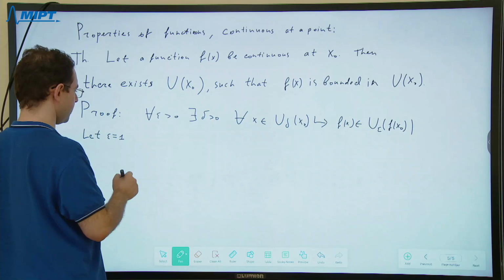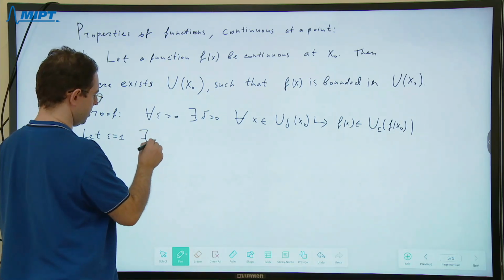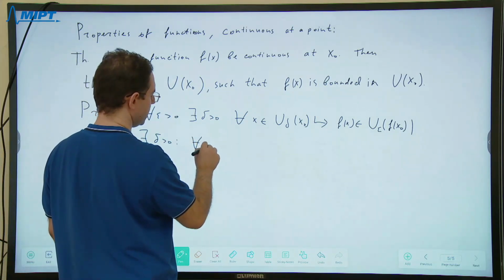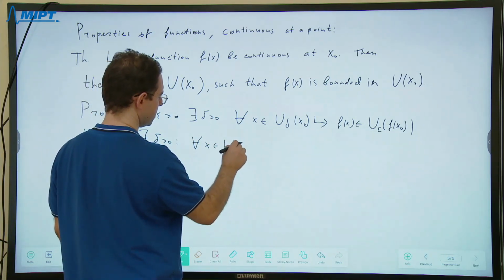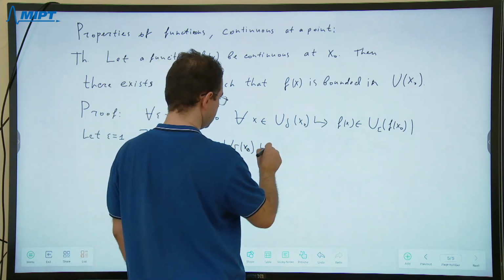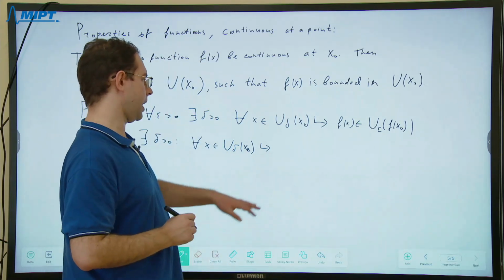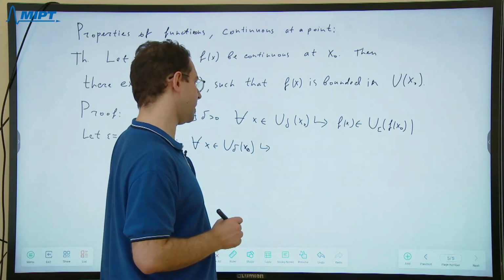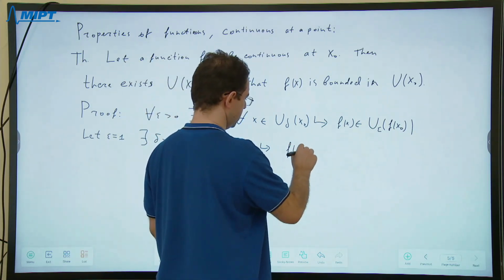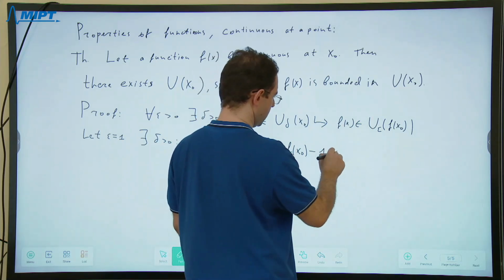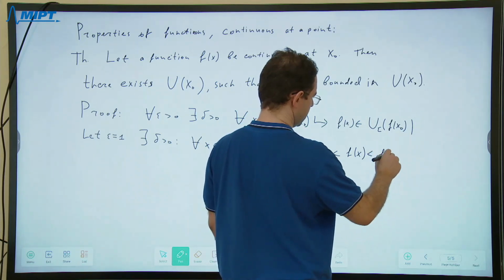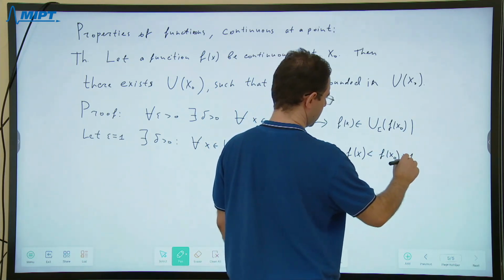Then there exists a number delta such that for any x from this neighborhood, it follows, and this statement I will write as an inequality: f of x0 minus 1 is less than f of x, which is less than f of x0 plus 1.